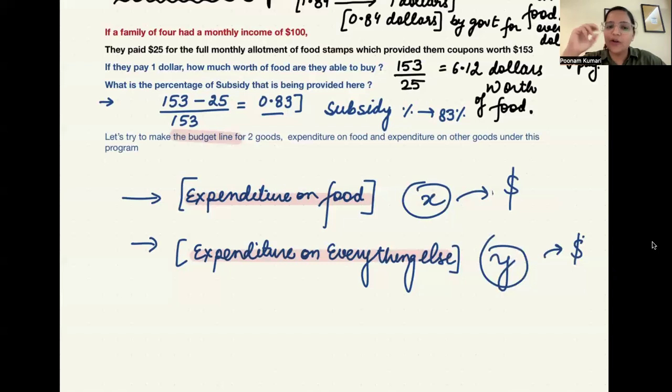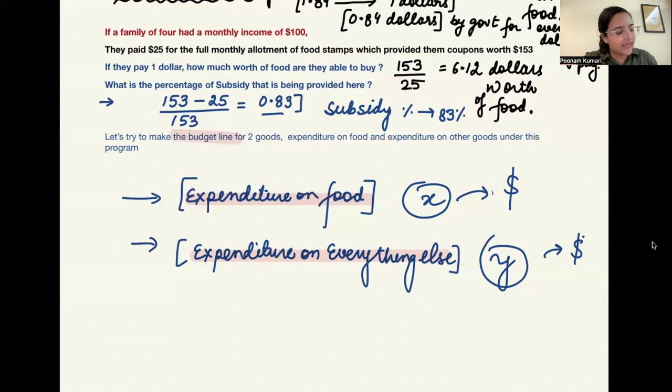Yes, ma'am. What is the price of $1 expenditure on everything else? 1. Yes? Ma'am, but price of food is 153. Abhi bhul jao. We're not getting into anything else right now.